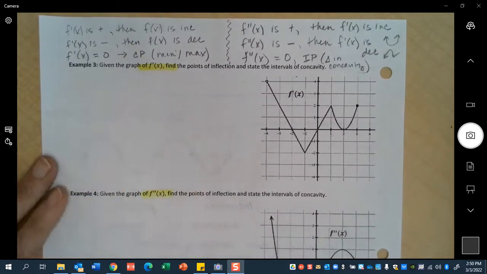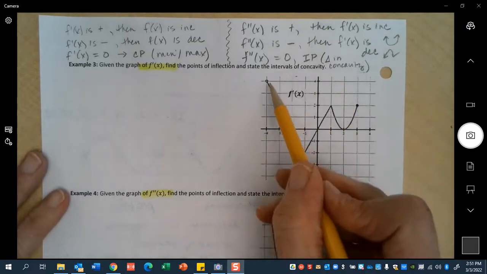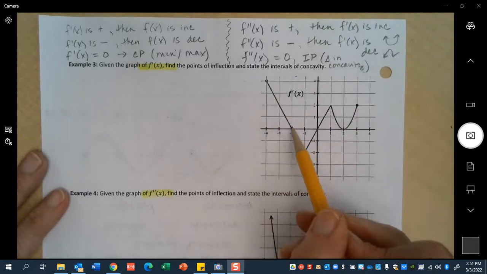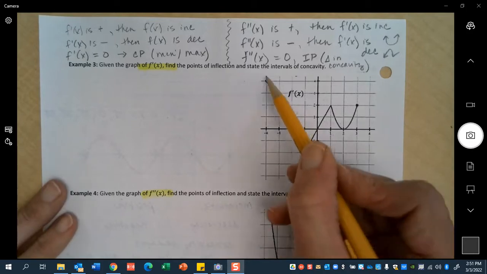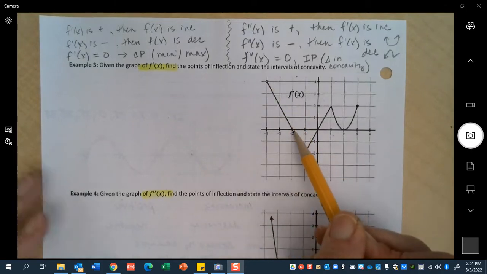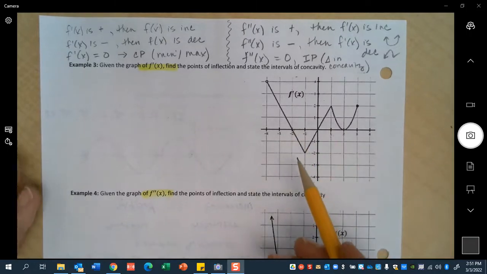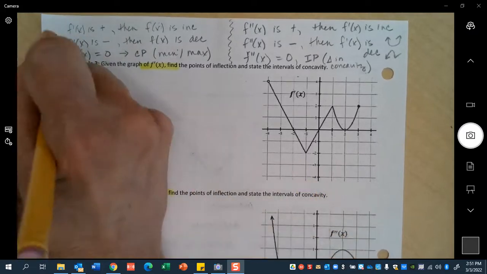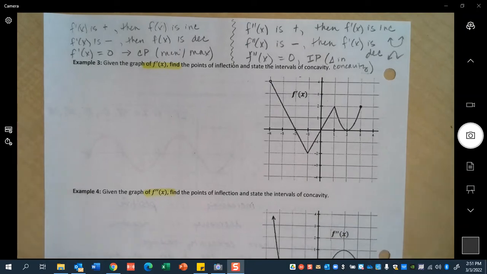This is my derivative graph. Because my derivative graph is positive from here to here, that means output is positive. That means my original function is increasing, but that means that the slope of the tangent line of my derivative graph, i.e. my second derivative, is negative. So let's talk about what's going on, and we'll do each section one at a time in a different color.